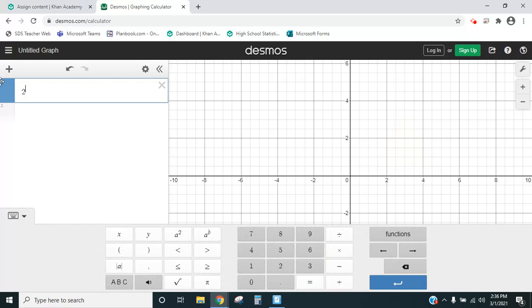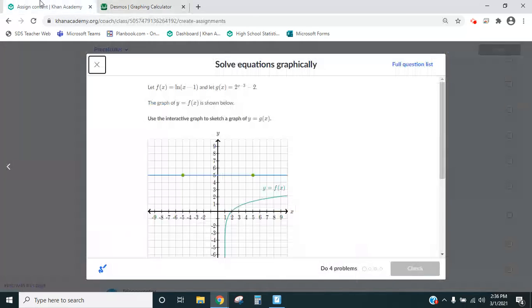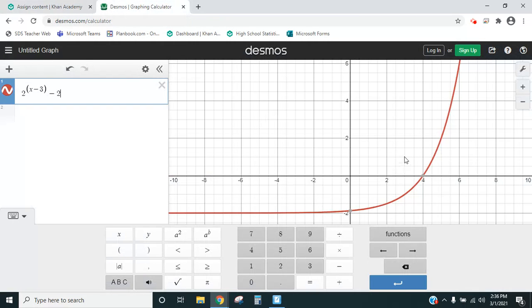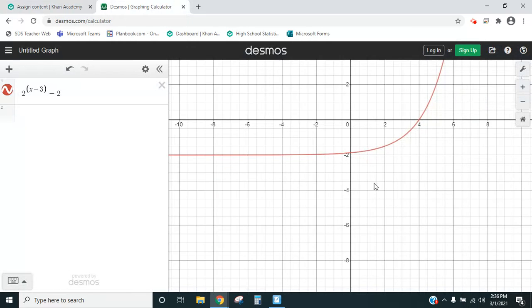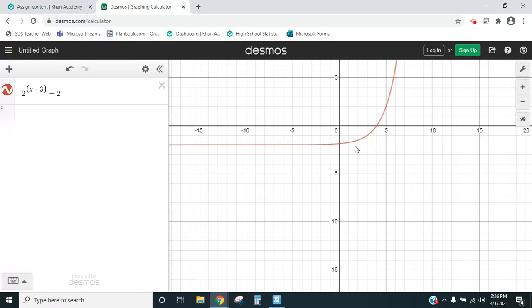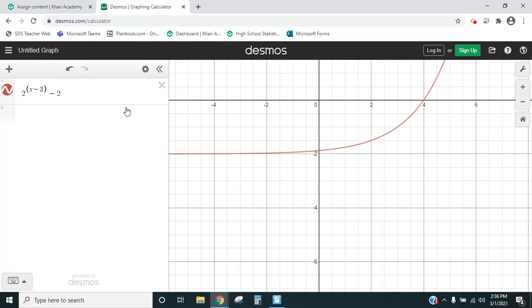So 2 to the, and then I'm going to need parentheses up here, and then minus 2, I think. Yep. All right, now notice on these exponentials, it flattens out here at a certain value. If we zoom in, it's at this last number, right? It's at minus 2.